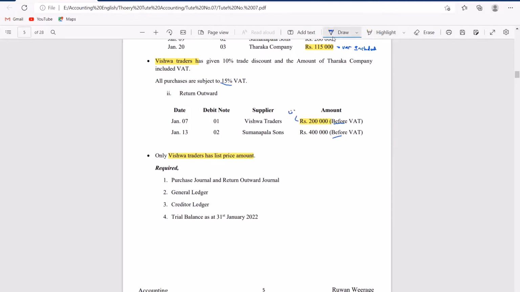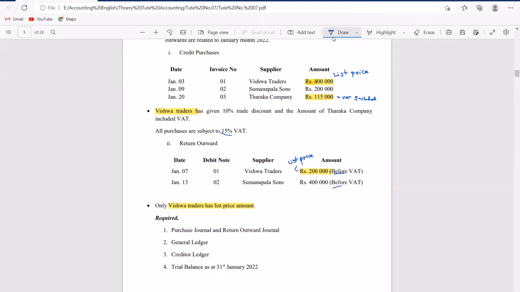We have to remove the trade discounts. When purchasing 400 list price, we have to deduct 10% discount, and when returning to suppliers, again we have to deduct 10%. That 10% trade discount is not related to purchases.